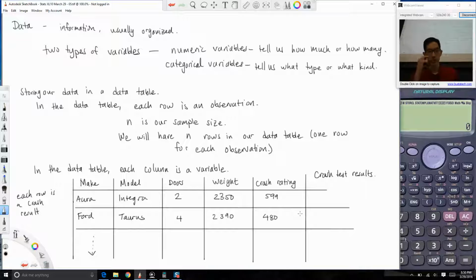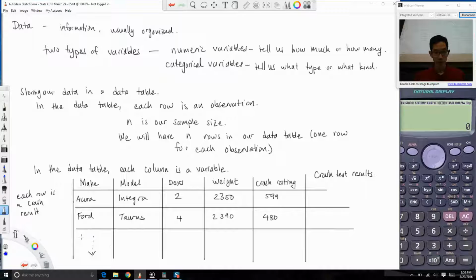And how many variables do we have? 5, right? Which ones are categorical and which ones are numeric? Make and model are categorical.